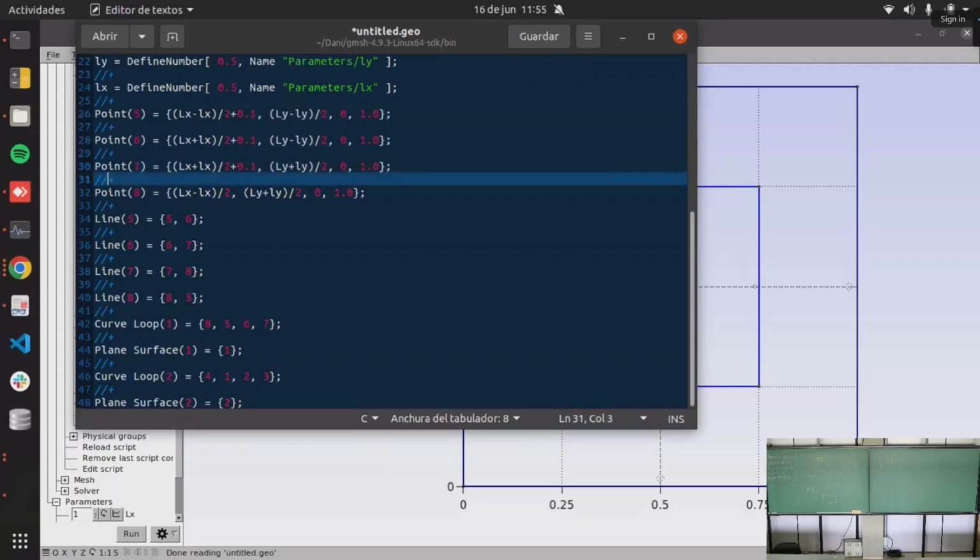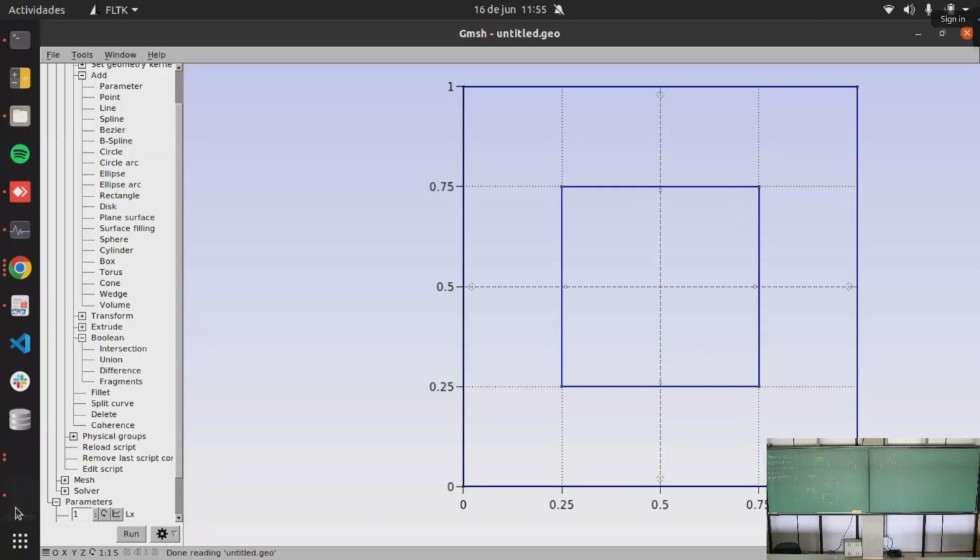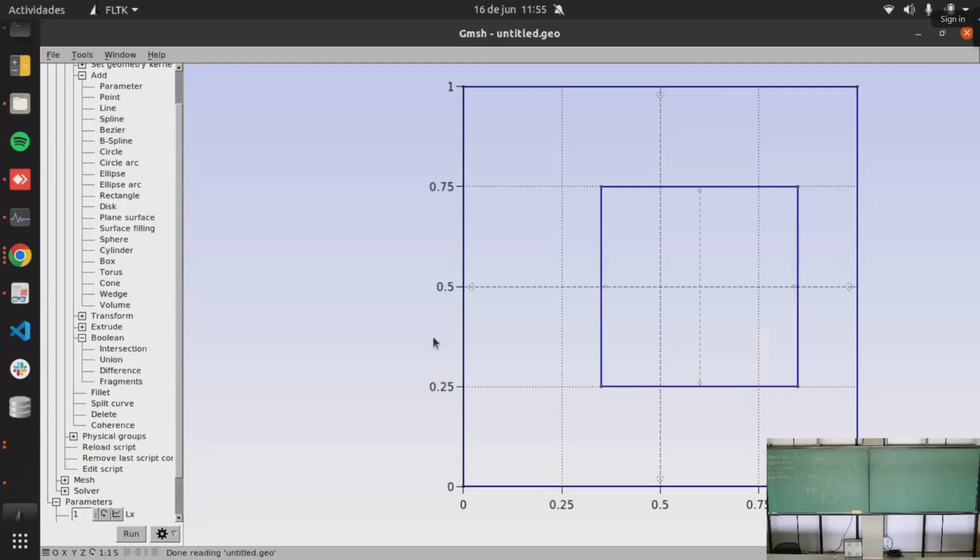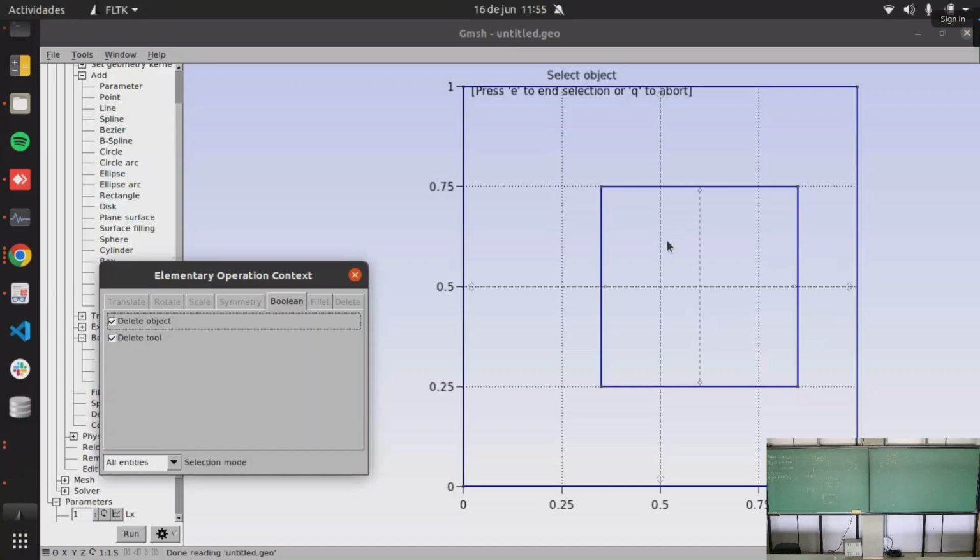I will perform a difference, a Boolean operator that will extirpate an entity.